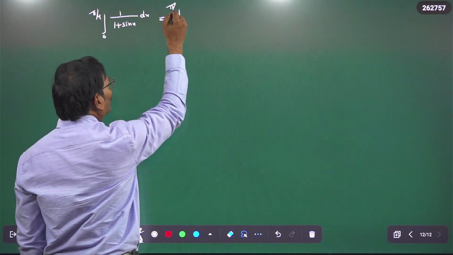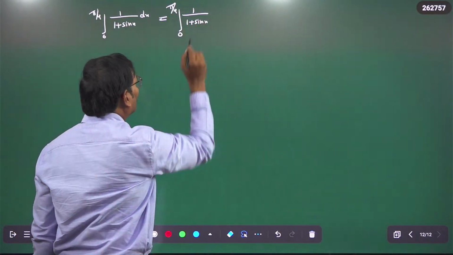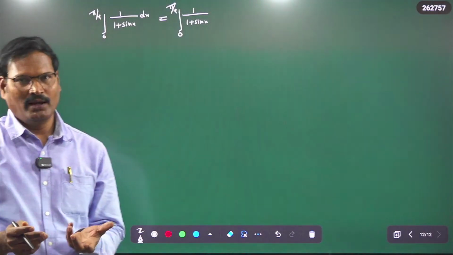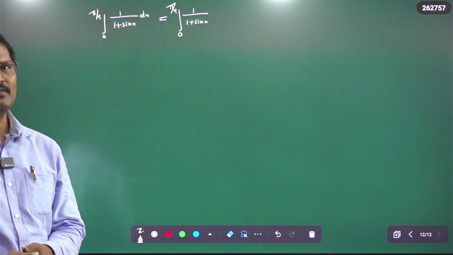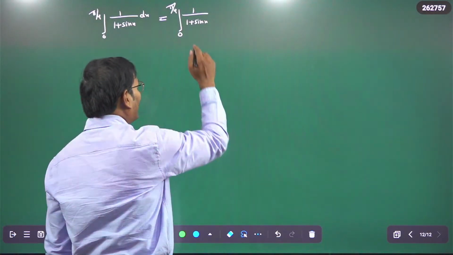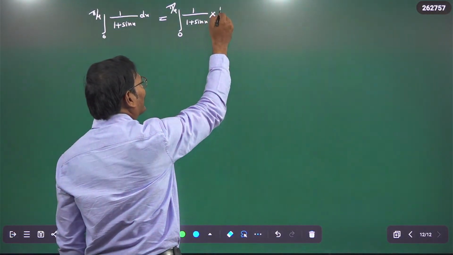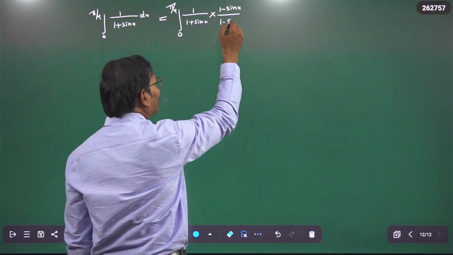We don't have any formula directly. So what we need to do here is rationalize the denominator, rationalize the function 1 plus sin x. So I am multiplying and dividing with 1 minus sin x.